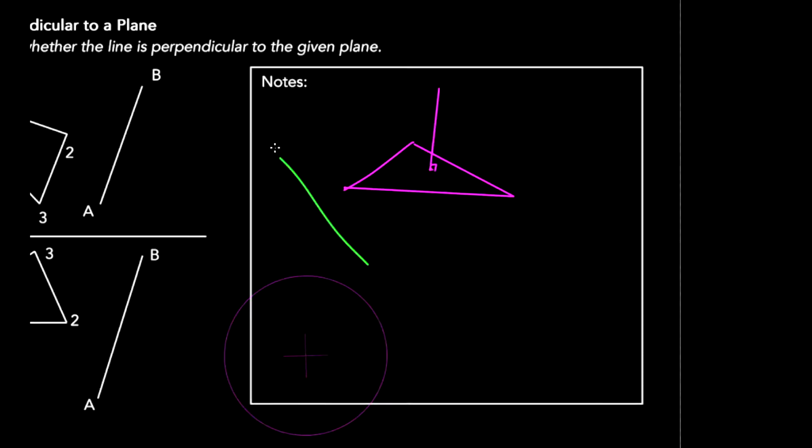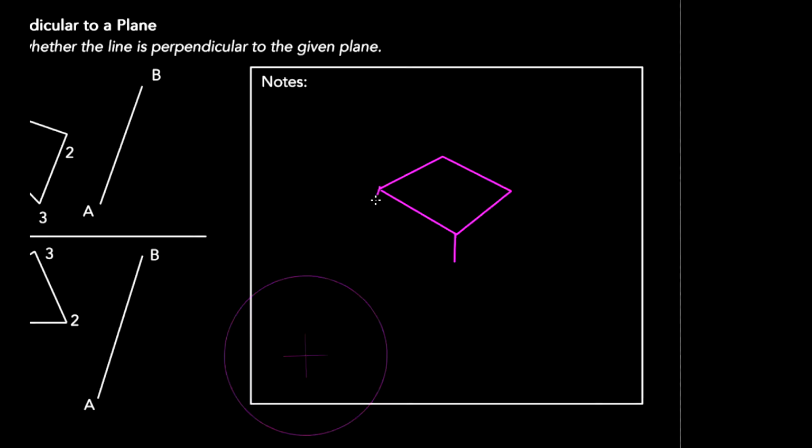If this is your ground, then there is a line sticking out of it. To help you imagine it better, it's like a flagpole. So try to imagine a flagpole, and we have a line sticking out of it, like that.